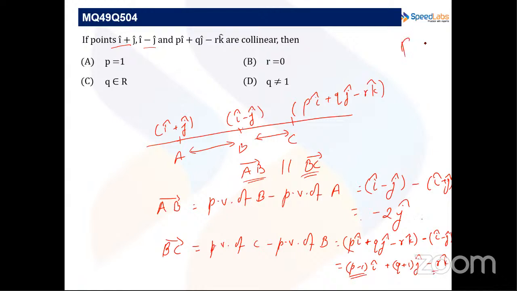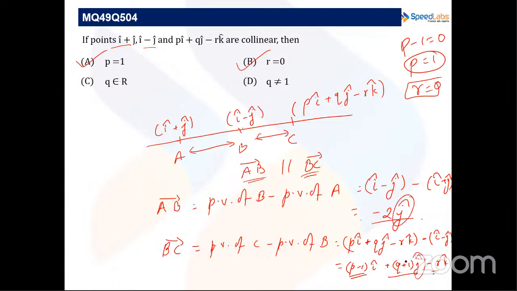This implies p minus 1 should be 0, so p will be equal to 1. So option A is correct. Similarly, r should be equal to 0, so option B is correct. Now, if these two are 0, then here we have minus 2 j cap and it is q plus 1 j cap. These two are along the same direction, j cap and j cap.